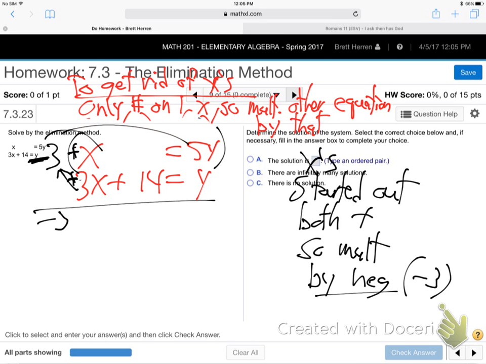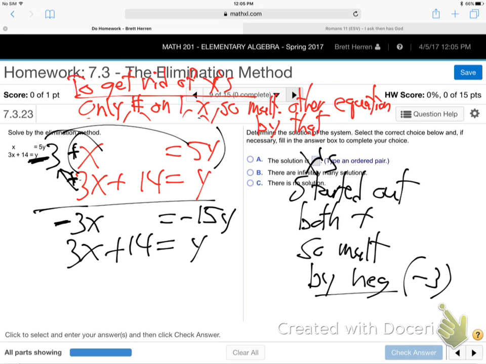Here we go. What do we got? Minus, well, that's pretty scribbly. Minus 3x equals minus 15y. The bottom one is unchanged. Add them up. X's cancel. 14 equals, good so far, the x is canceled by design.